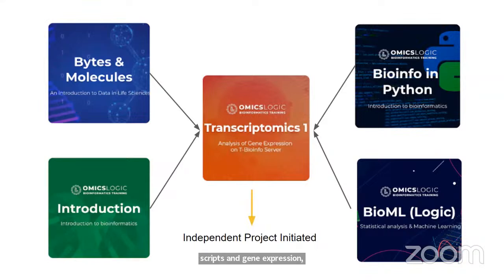So I completed a transcriptomics course, which gave us a proper and clear idea about how RNA transcripts can be analyzed and processed in a way that we would be able to find out how genes are expressed differentially in different conditions. And based on that, I started my independent project.